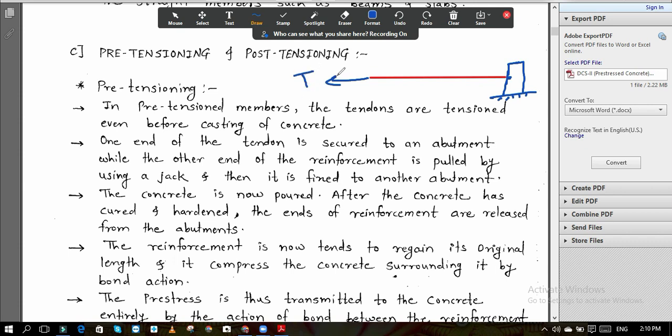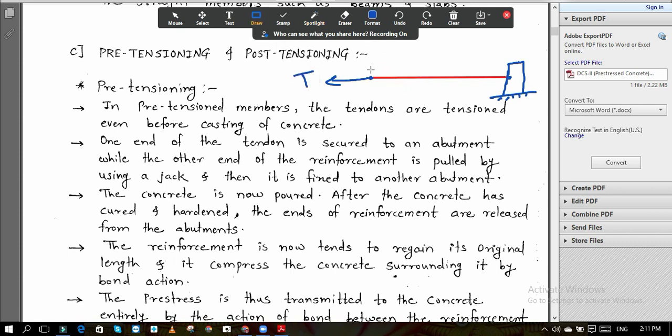Once we get the desired degree of this tensile force, this end also gets tied up with the abutment. Then we will remove the jack assembly, and after removing that jack assembly we will tie this to the other abutment, and after this the concrete is poured.